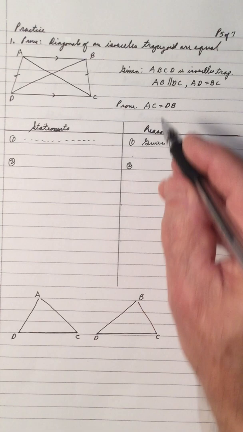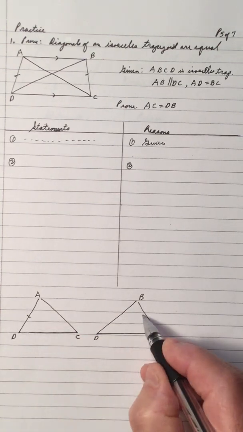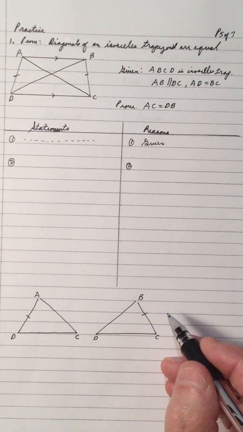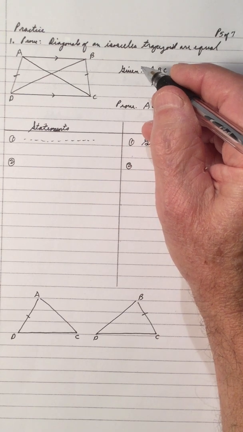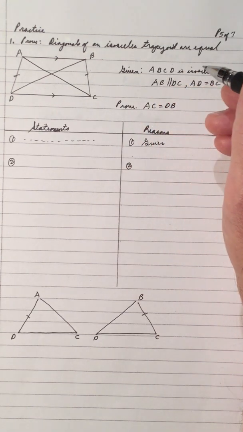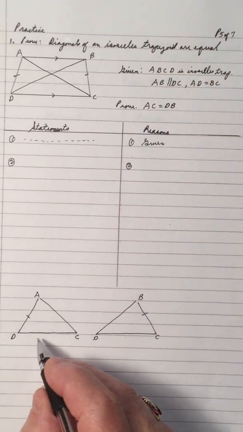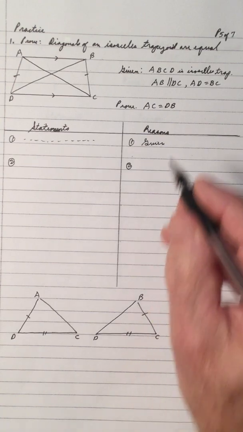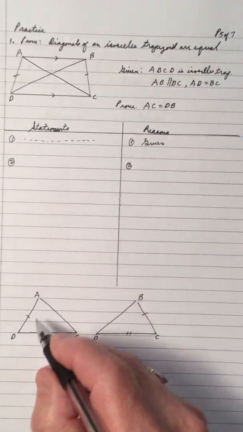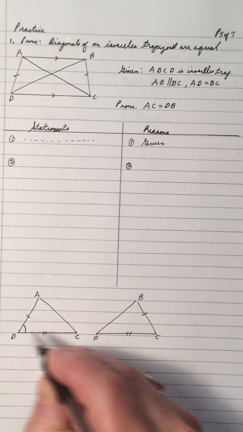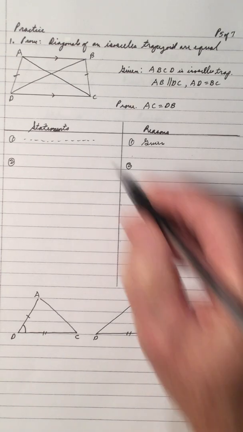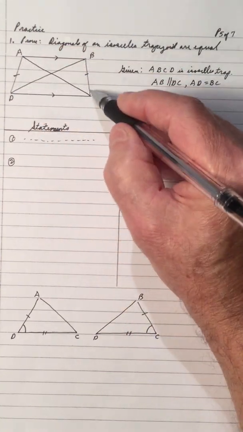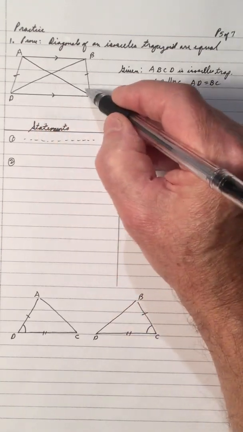So what we have is that AD is equal to BC, and we have their parallel sides, and the diagonals, this is a common side, and we proved just then that this angle here and this angle are equal. So in triangles ADC and BCD, these are the base angles, so they're equal.